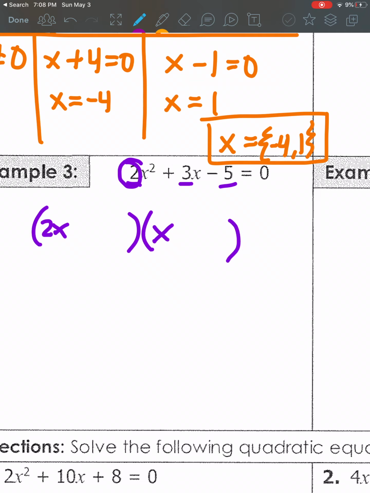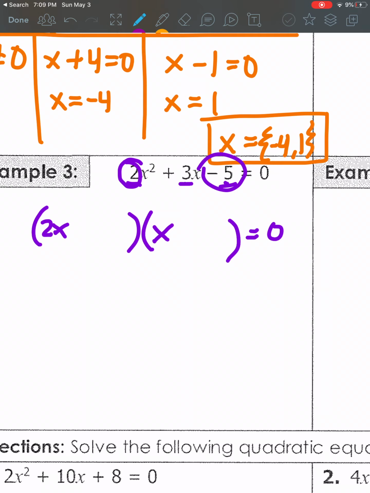And then our c value is negative 5, so we know one has to be positive, one has to be negative, but we aren't sure which one because this time they aren't the same terms in the beginning. One's 2x, one's x.